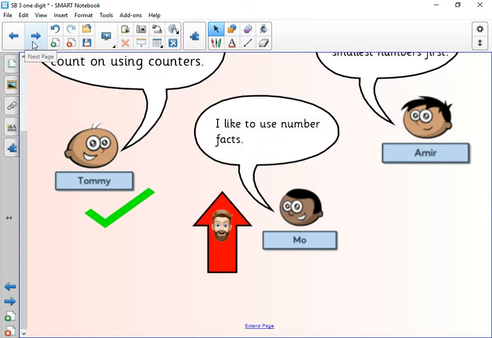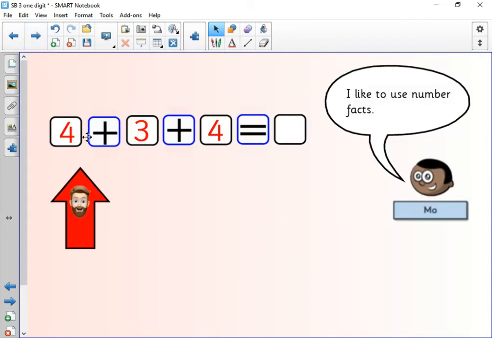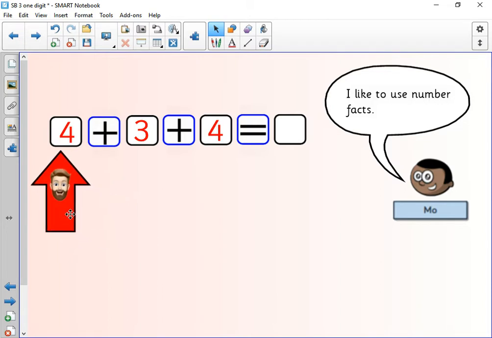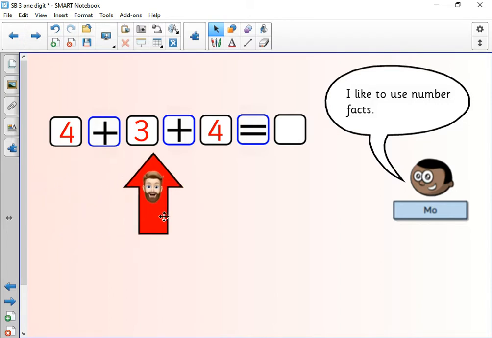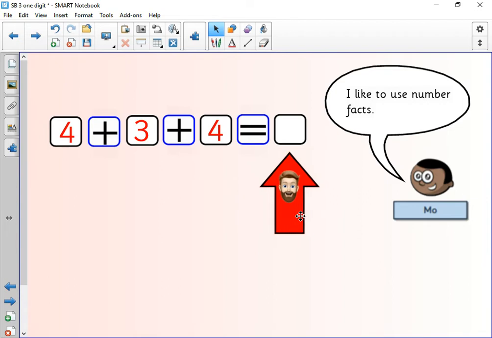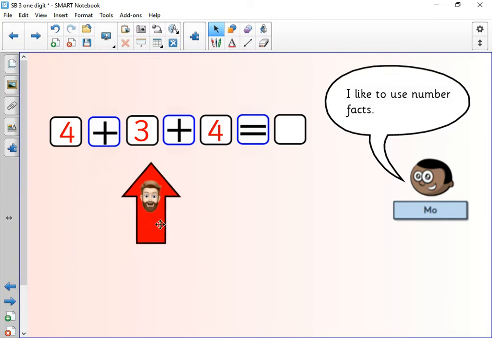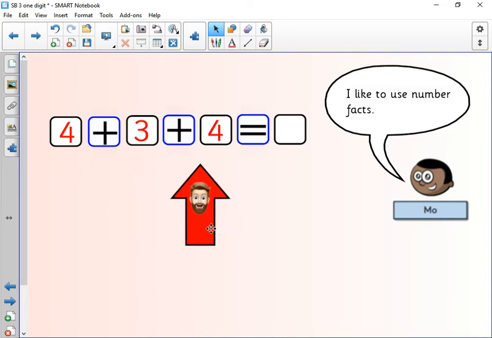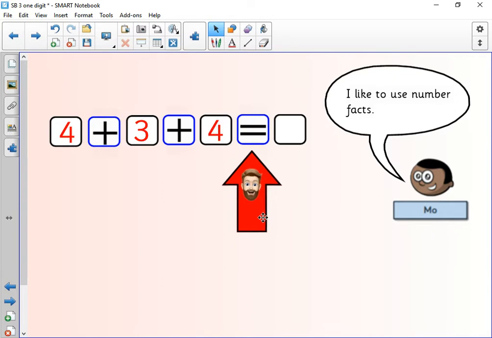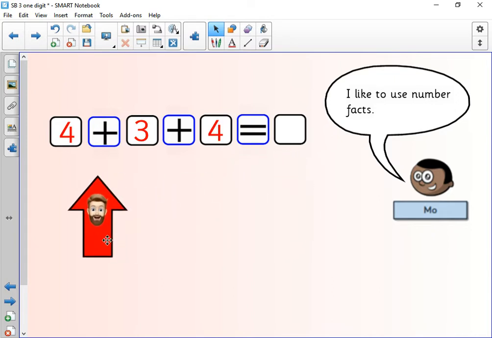Let's practice using Mo's strategy. Okay, first thing we need to do using Mo's strategy is have a look at the calculation. I've got my 3 digits there. Read it for me. 4 add... Right, let's spot the number fact that's going to help us.